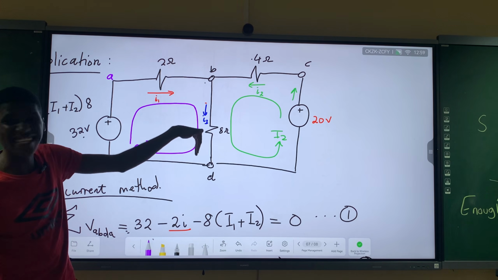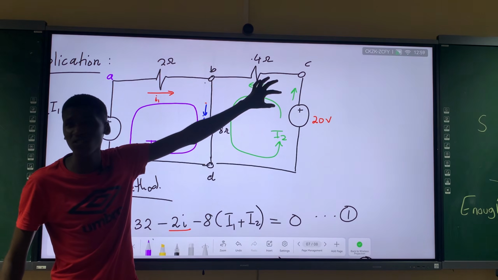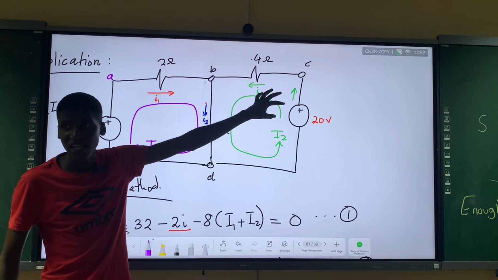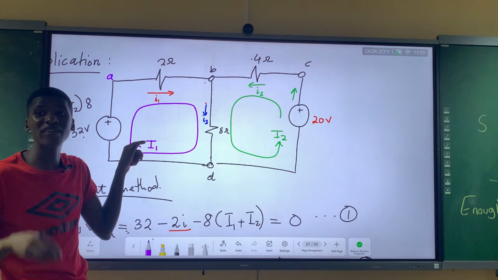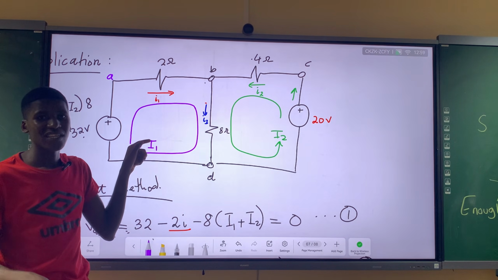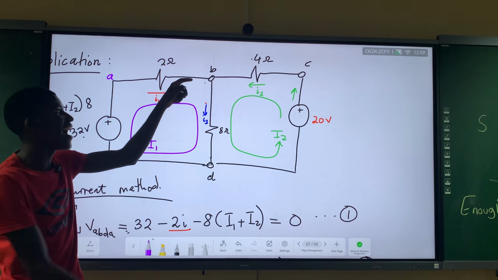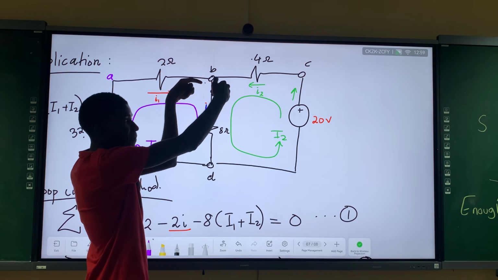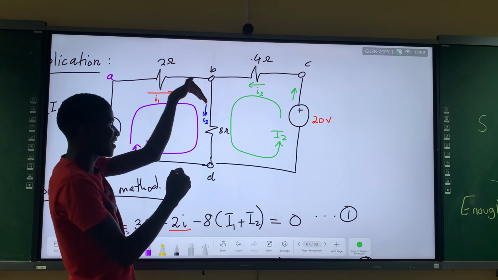And in this direction. This loop cannot accommodate the current coming from here, it's a different current. So your loop must go where your current is, where the current of this source is coming from. For example, the current arrives here and meets this one and they go to the 2 here, but this I1 still takes this path.